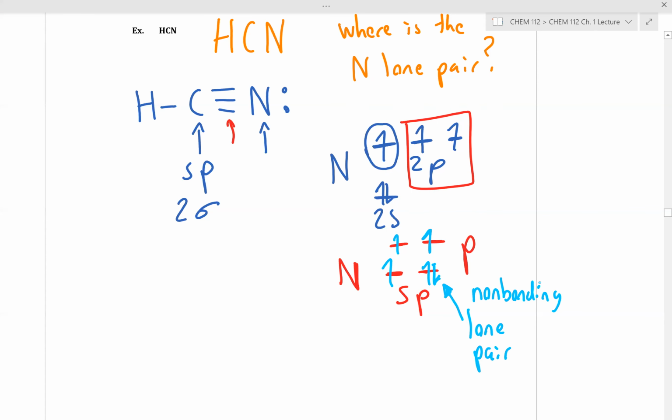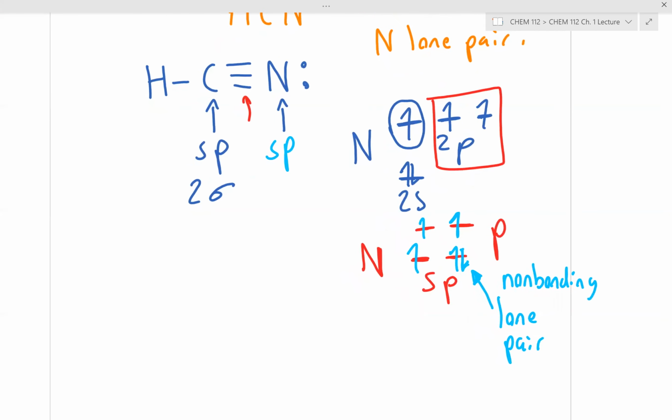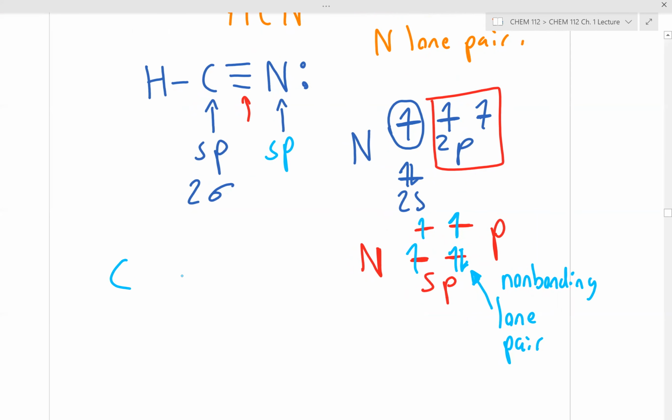Okay. So we're starting to get a sense for the hybridization of each of the atoms in this molecule. Let's now try to draw an orbital picture using this information. Just as a refresher, for carbon, if it's sp hybridized, we will have the following orbital arrangement.